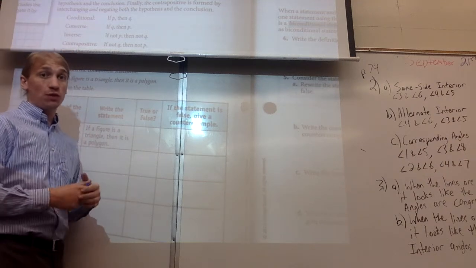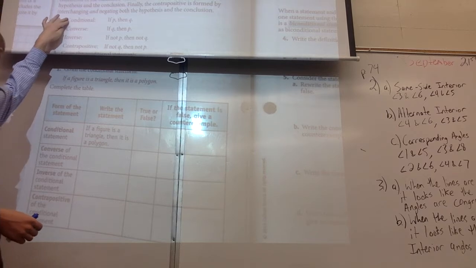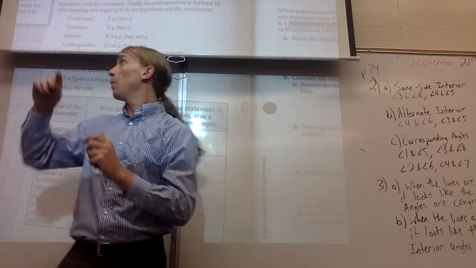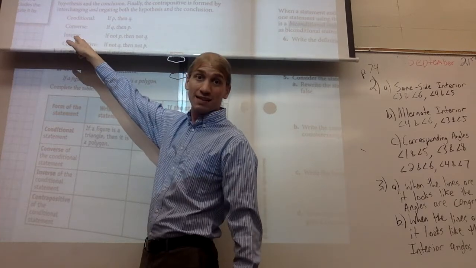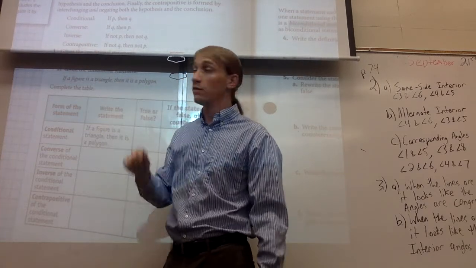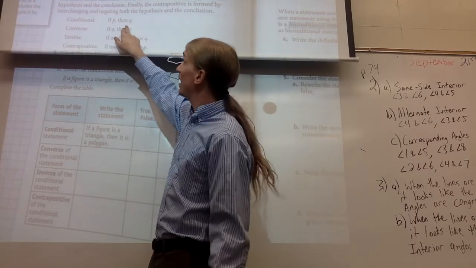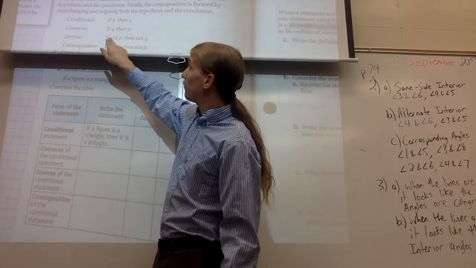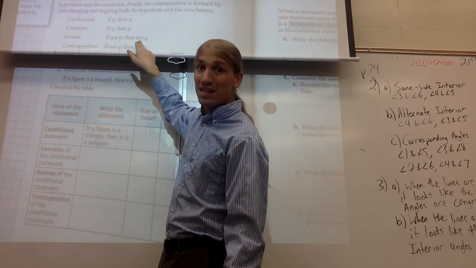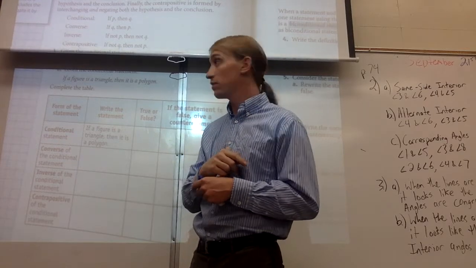So this is on page 32, and it introduces the ideas of, we already know about conditional statements. We already know about the converse, switching a conditional statement, but it introduces the idea of an inverse and a contrapositive. So note what we do for an inverse. If my original conditional is if P, then Q, the inverse is going to be if not P, then not Q. So it just introduces not to the conditions and the conclusions.